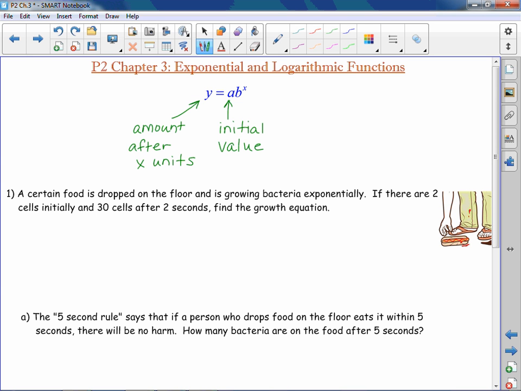If it's a growth, maybe it's a population growth, and your x will be in years. Maybe we're getting ready to do one with bacteria, and our x is going to be in seconds here. And the initial value will be about the bacteria. So we'll say x is whatever the units are. Let's say generally time.